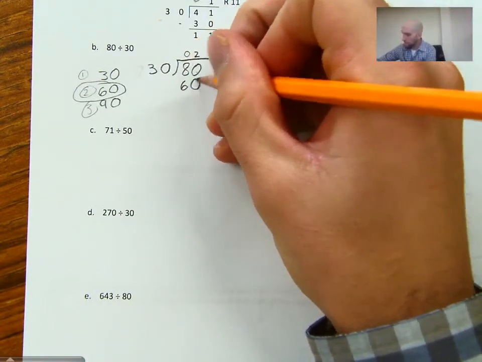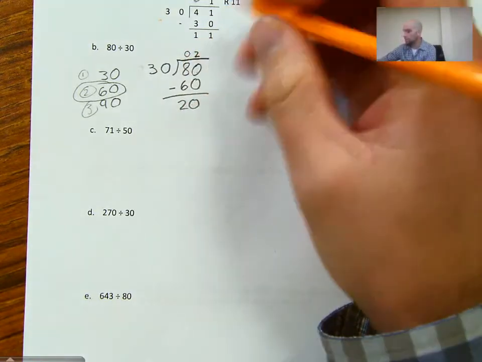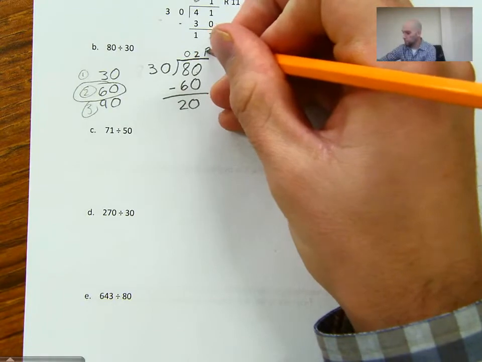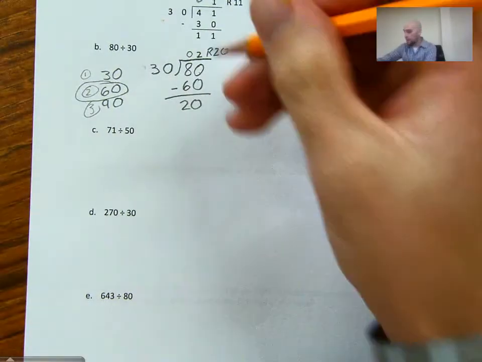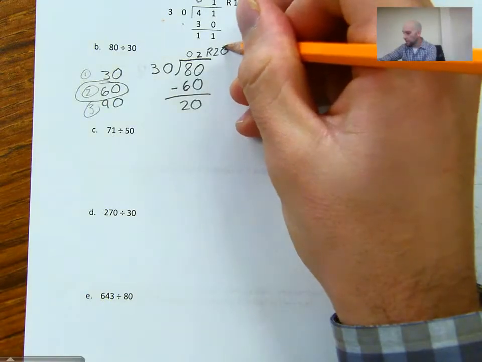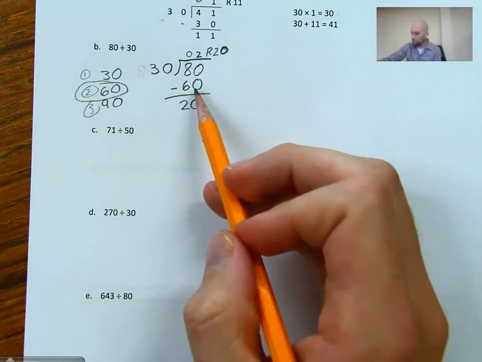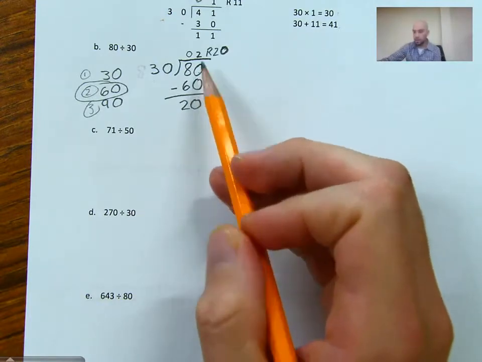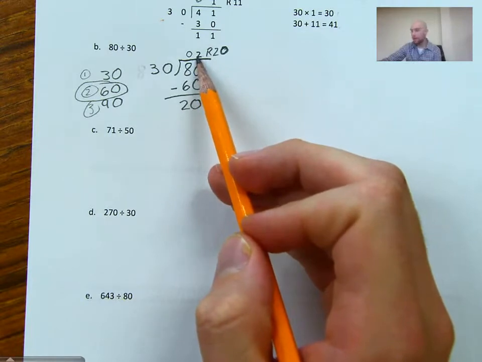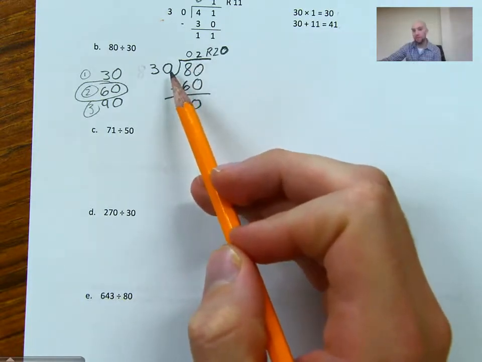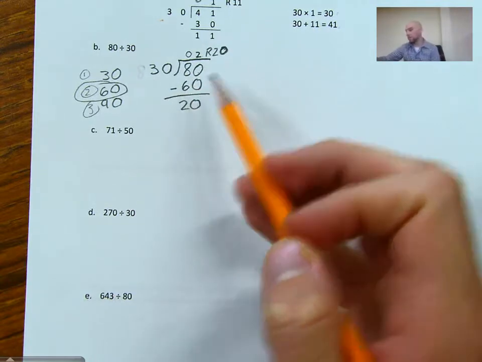We'll do 60 down here, and we subtract. We're going to get 20. And so we're going to have 2 remainder 20 as our answer. Now, if we want to check our work, we multiply our quotient, our answer, by our divisor, and then we add our remainder, and we should get our dividend.